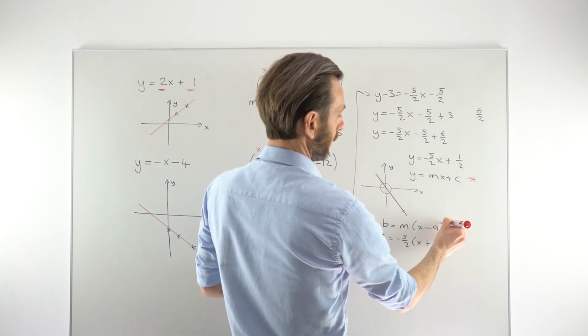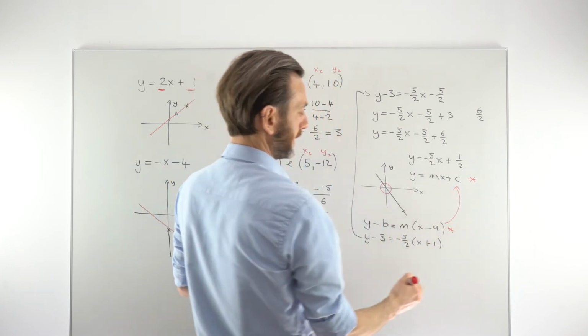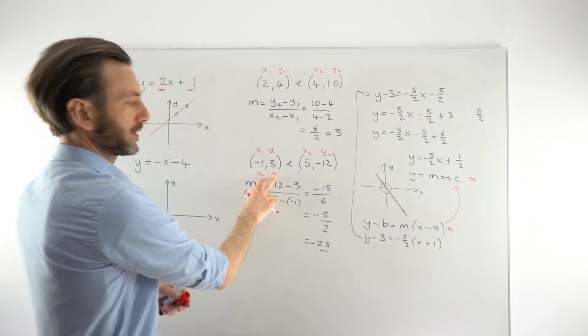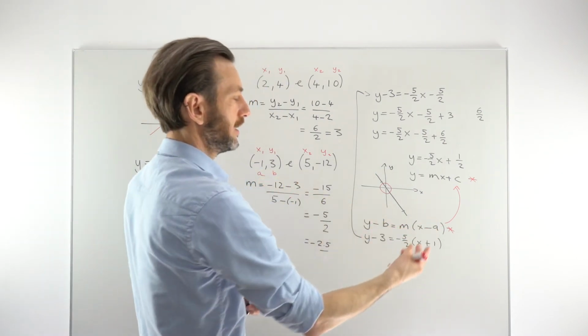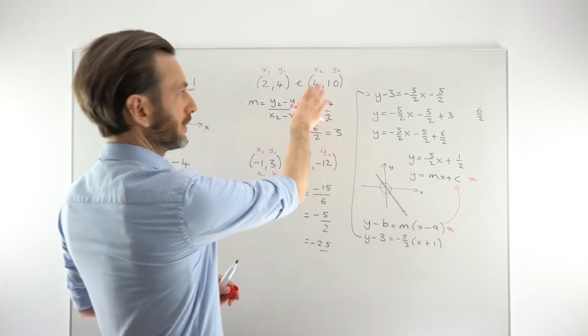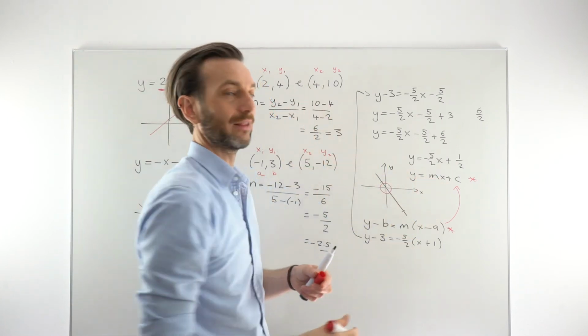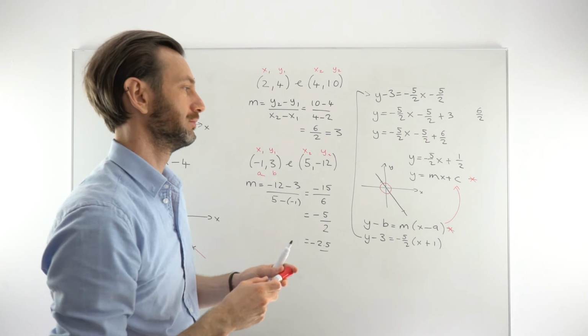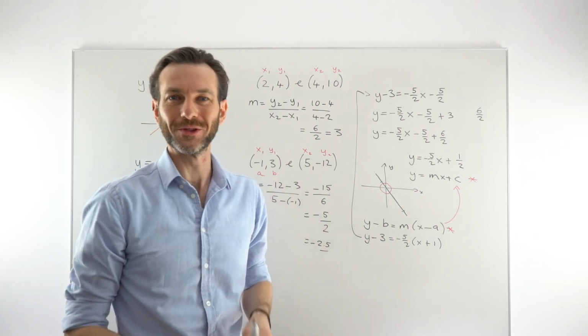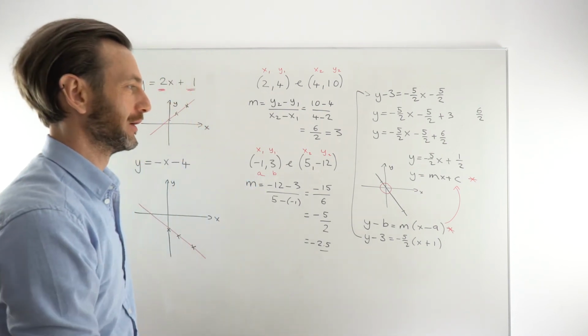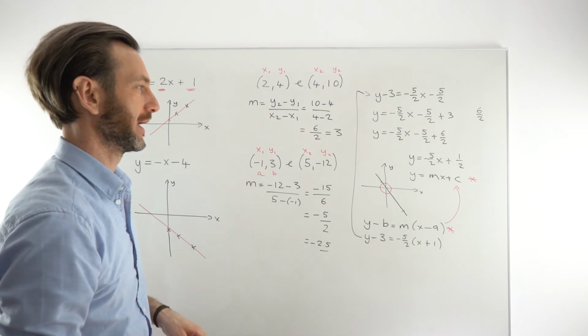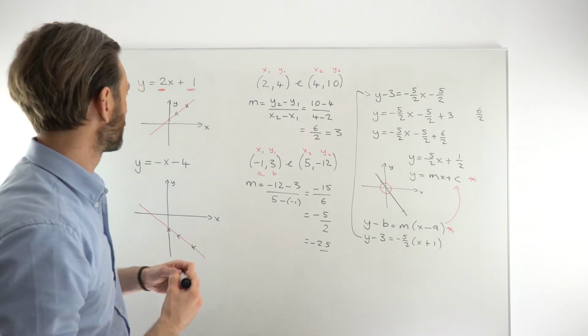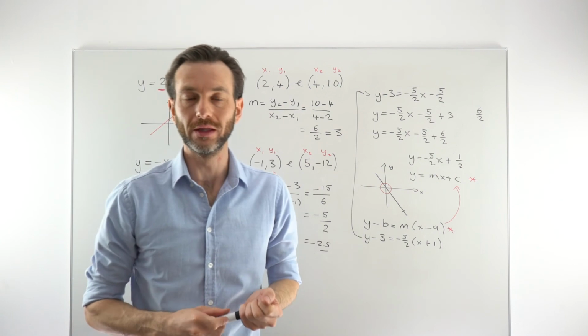This is just a format that allows you to get there by taking a point on the line like this and taking the gradient and plugging them in. Or you can do it the way that we did it in the first example, just by plugging them in directly. No real difference. There's no real benefit to one or the other. They're pretty similar techniques. So that's basically how you go about finding the equation of a straight line.